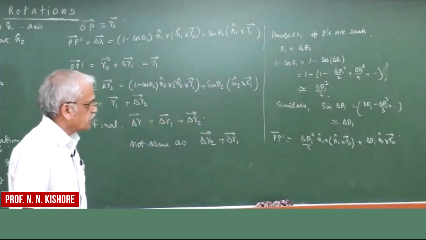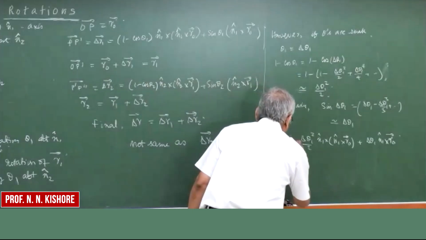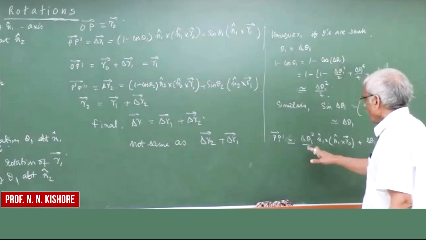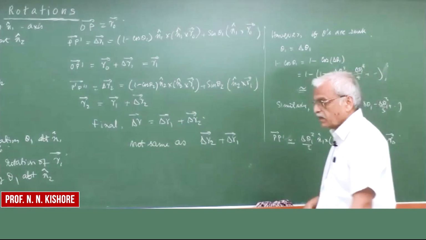This is how it looks for the first approximation. If you consider these two, there is a delta theta 1 squared term here and a delta theta 1 term there.